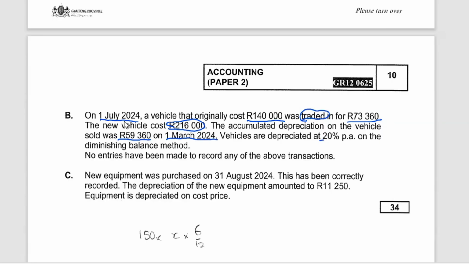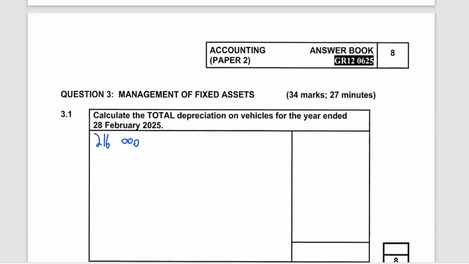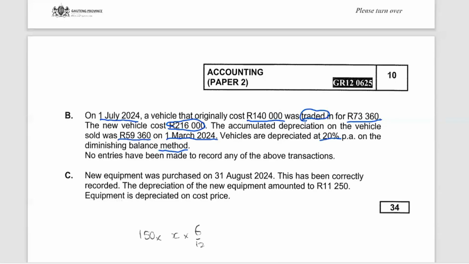Vehicles are depreciated at 20% per annum on the diminishing balance method. So since this asset is new, it won't have any accumulated depreciation. So we're going to say our cost of 216,000 multiplied by our rate of depreciation, which is 20%. So now we have to know how many months you used it for.